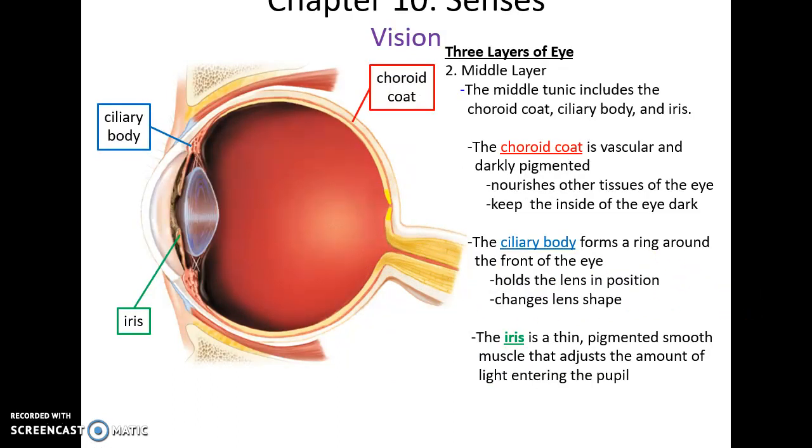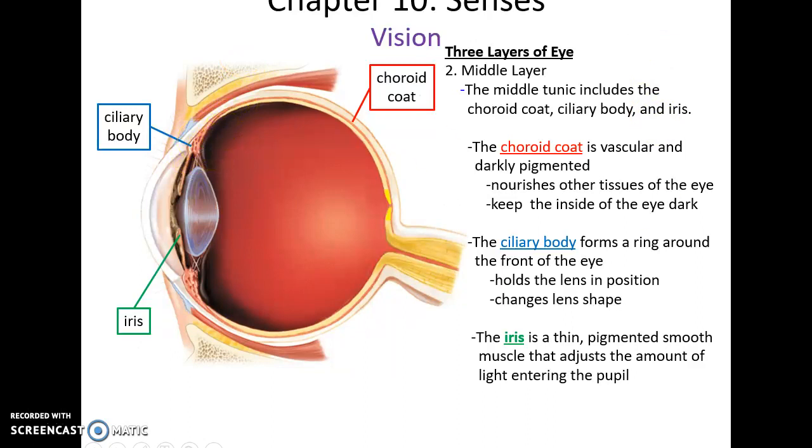The middle layer or middle tunic includes the choroid coat. The choroid coat is a very highly vascular structure with lots of blood vessels in it. It's darkly pigmented, so it both helps to nourish the tissues of the eye and absorb any stray light rays bouncing around inside the eye. Toward the anterior side, we have the ciliary body.